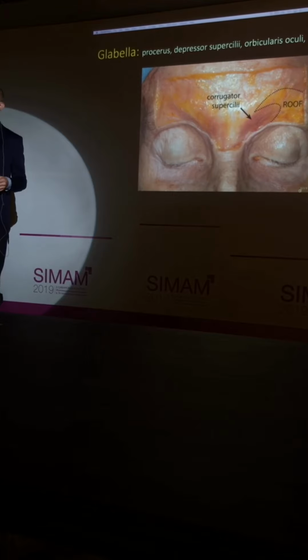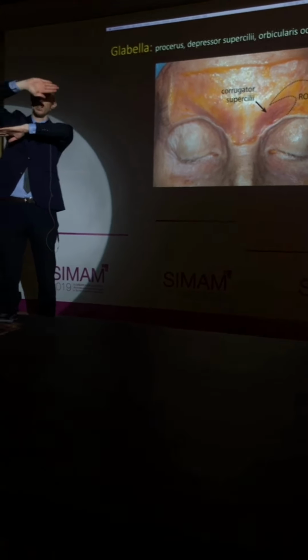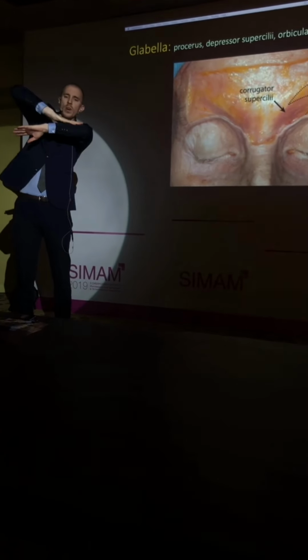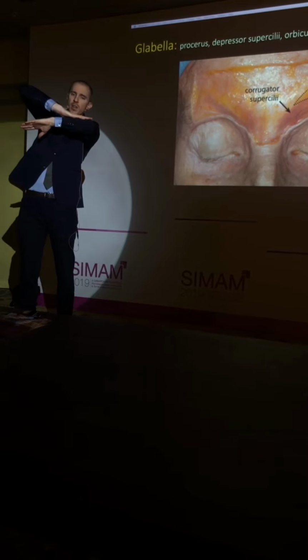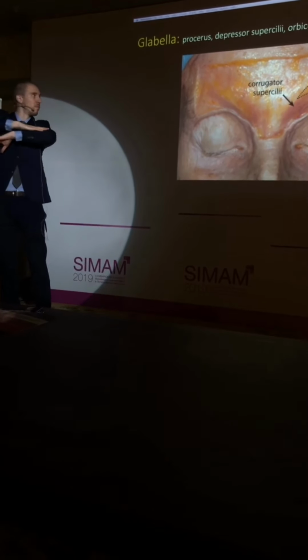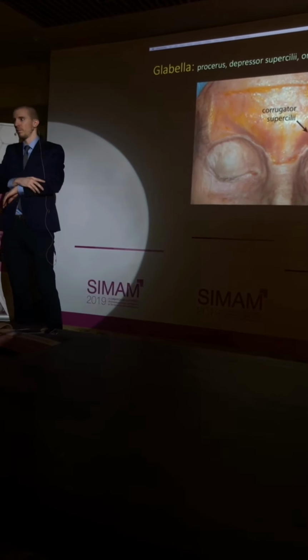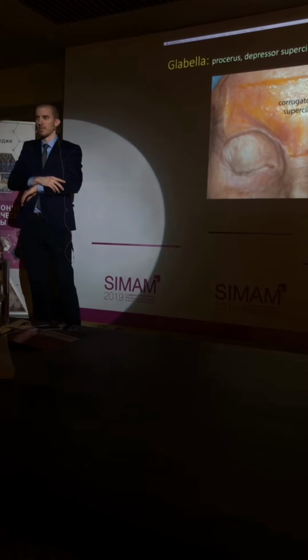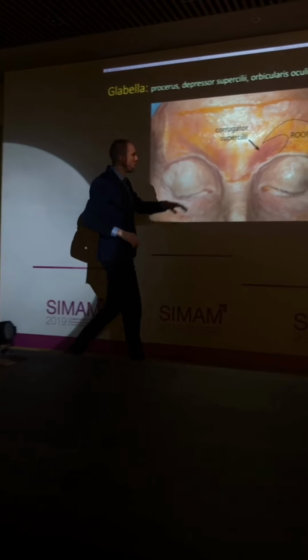Because actually what happens is that these mimic muscles are up here in layer number 3. But the origin crosses these layers, so it will become a layer number 4 muscle. То есть мы говорили о том, что мимические мышцы находятся в третьем слое, но их крепление проходит глубже и оказывается в четвертом слое.